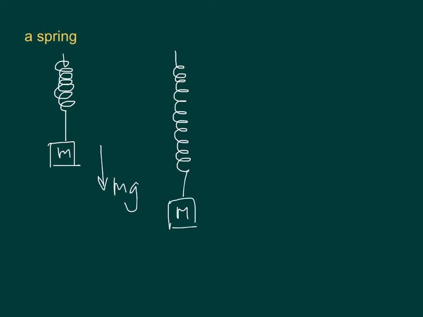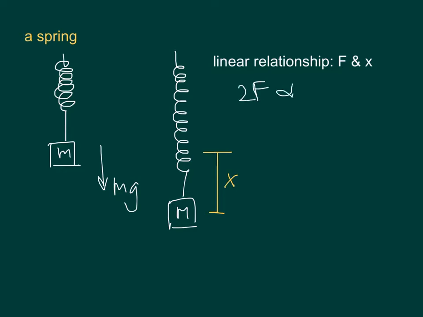And then your delta X becomes the center of gravity there to the center of gravity there. So that's X. Well, we know that there's a linear relationship between F and X. So if F doubles, then X doubles as well. So anything that you do to F, you're going to have to do to X as well, just because of the relationship you've got involving K.